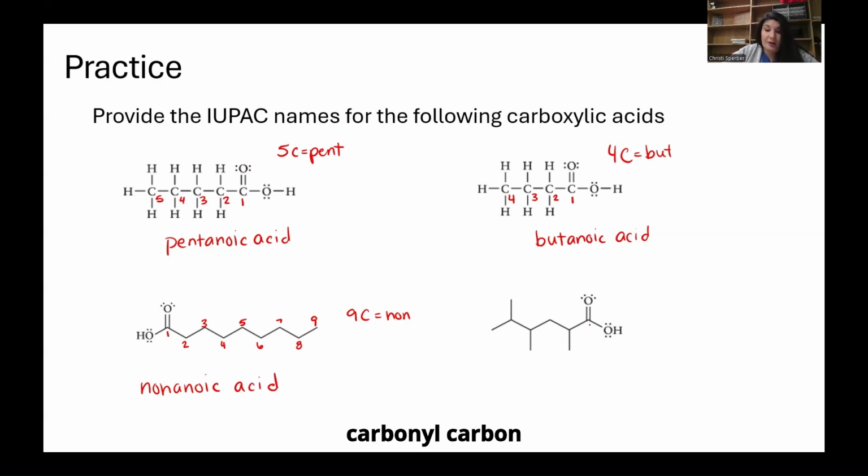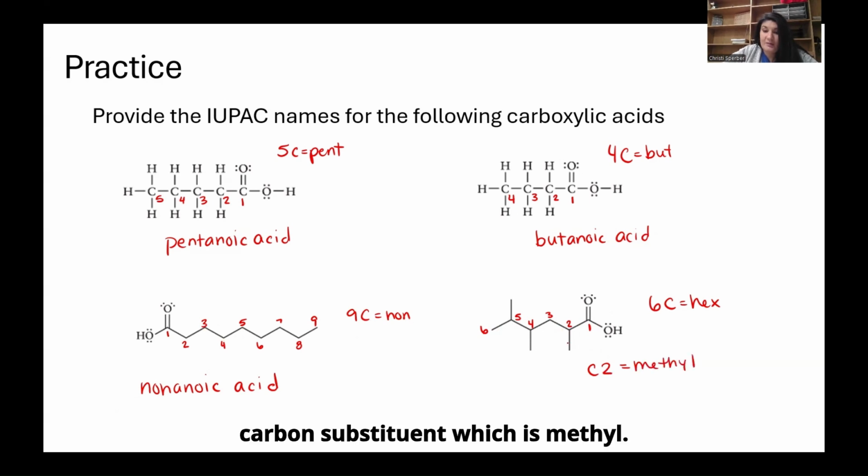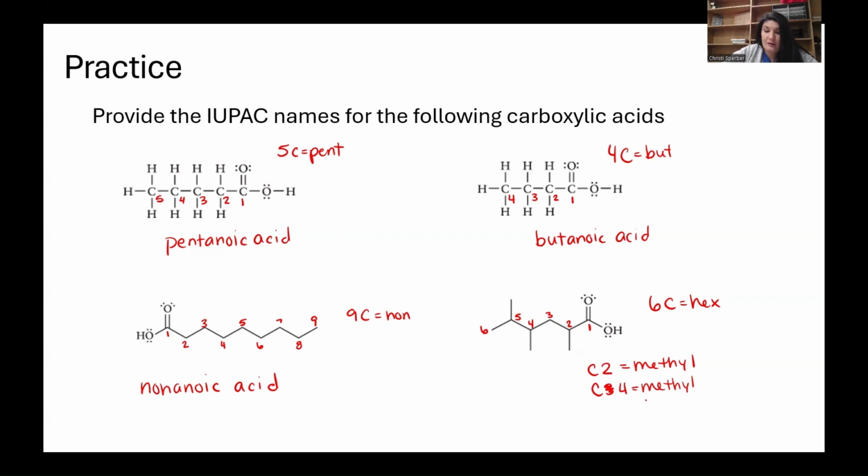This one, our carbonyl carbon is number 1, 2, 3, 4, 5, 6. 6 carbons is hex. On carbon 2, we have a 1-carbon substituent, which is methyl. Carbon 4, we have a methyl as well.